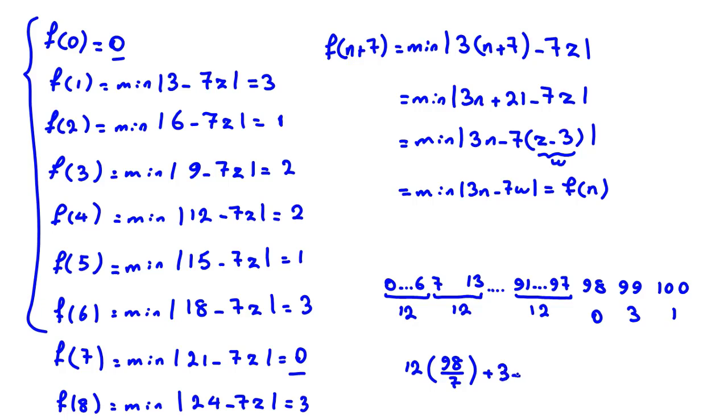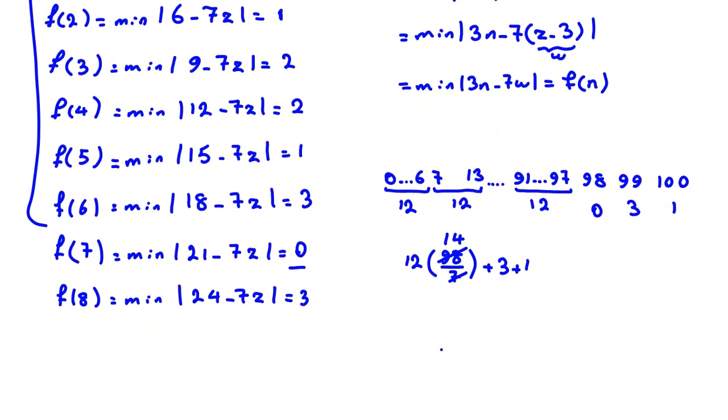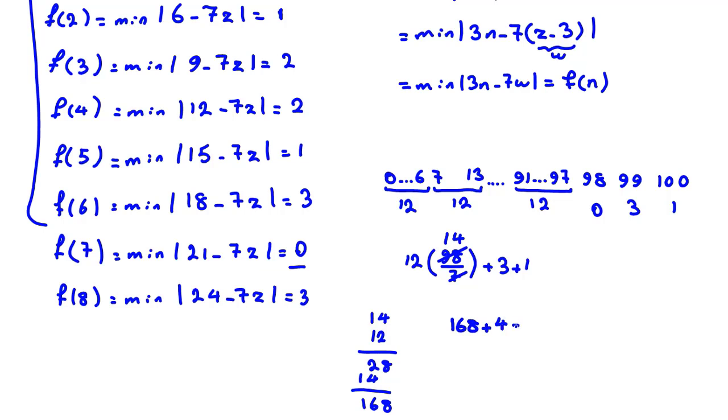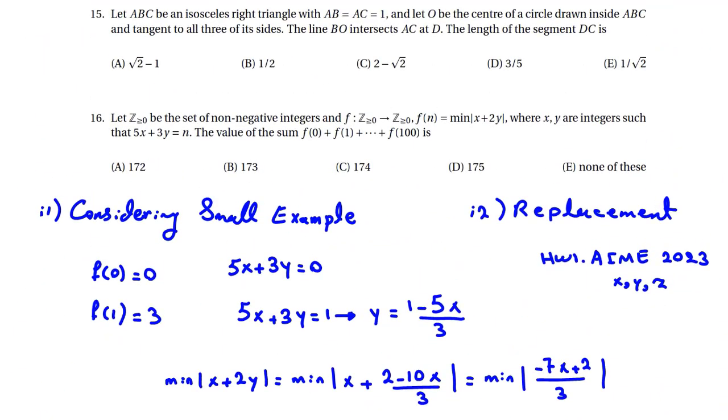So it will be plus 3 plus 1. This part, 98 over 7, is 14. Now if you multiply 12 times 14, it's 168, plus 4, which will be 172. Okay? So let's check the choices to not have a careless mistake. Okay, so the answer is 172.